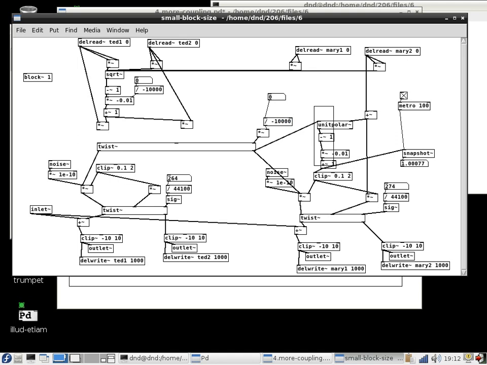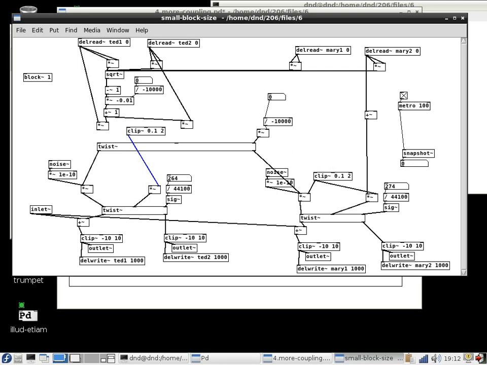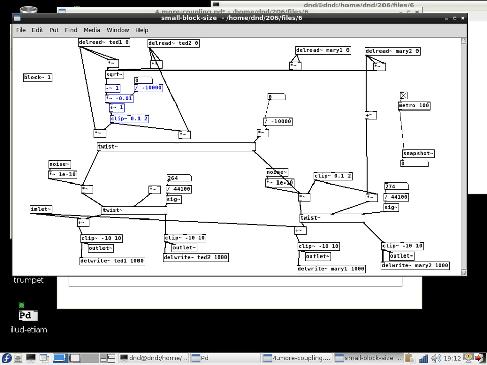Yeah, that clip was part of the deal. Yuck. Now, if I was smart, I would put this in a sub-patch. But I'm just going to resolutely refuse to do it the smart way for some good reason.